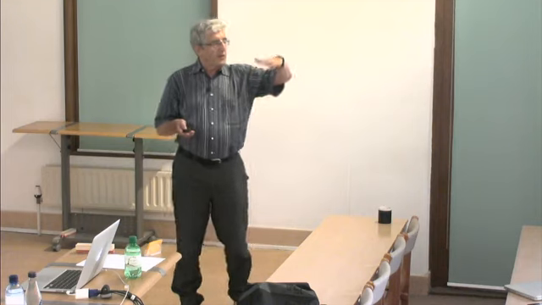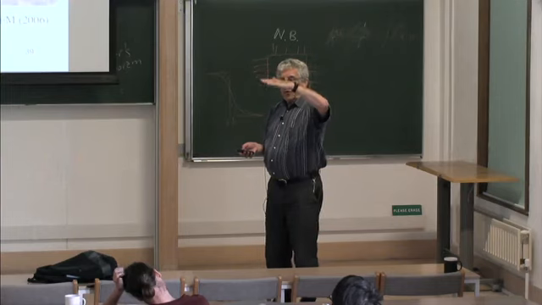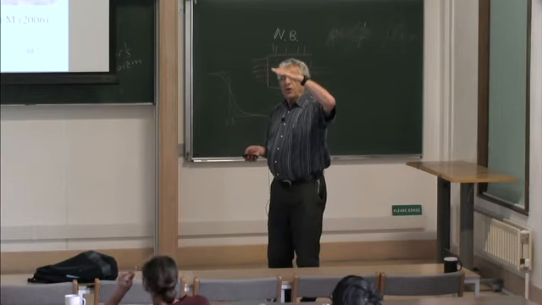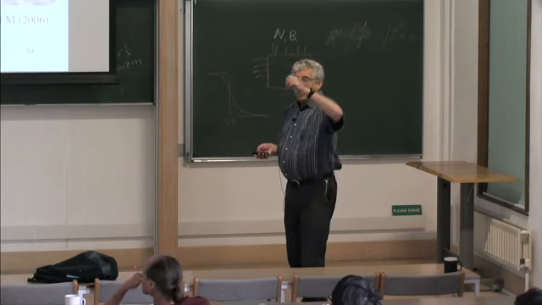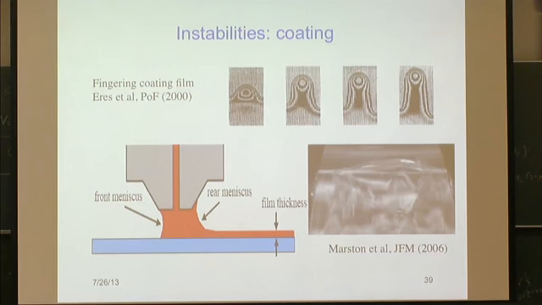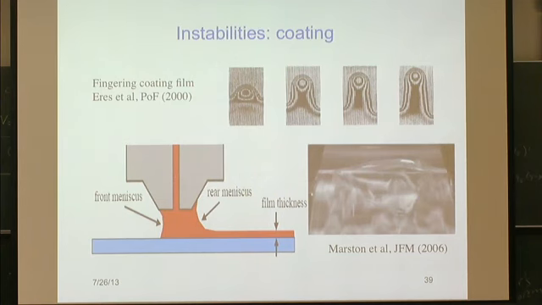Say, if you have a rim of liquid dropping on the glass, it will typically develop rivulets, and we don't really care what is going on on the window, but there are important industrial processes. Say, this is a coating process, and what we need is a smooth coating, and this is what is observed as a result of instability.